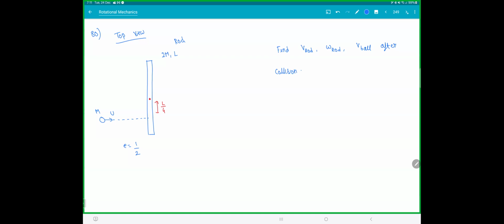Let's see the equations. I hope everyone has written your equations. Check your equations. If you got the equations right, then it's just a matter of solving.